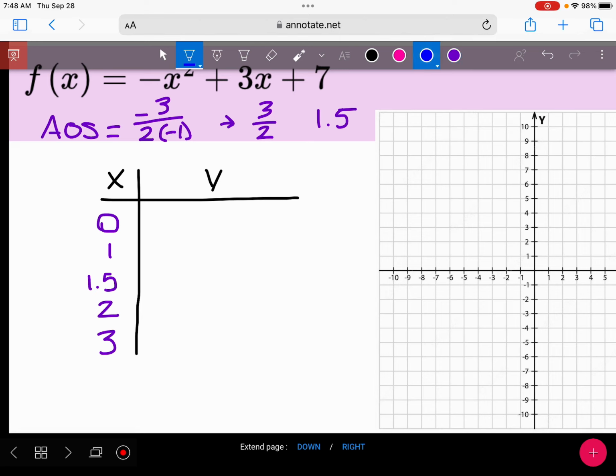When we have x as 0 as an option, we can always take the shortcut: that one should be a 7. That's going to be our C value. Everybody else we are going to plug into our calculator. We're going to use the opposite of x squared plus 3x plus 7.